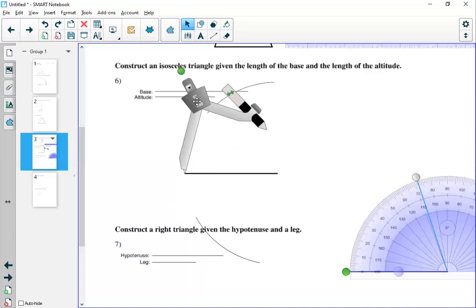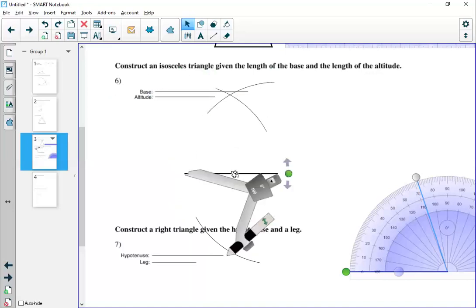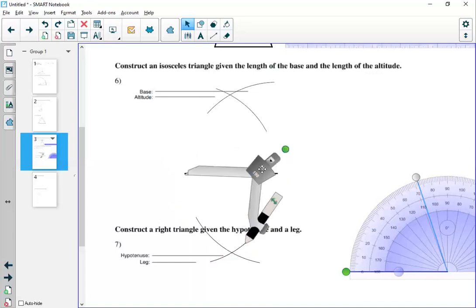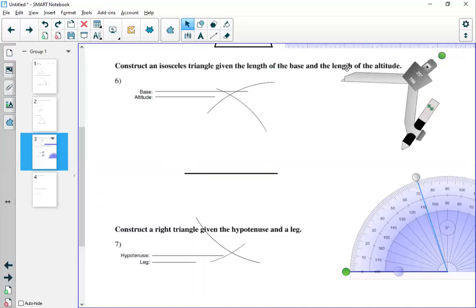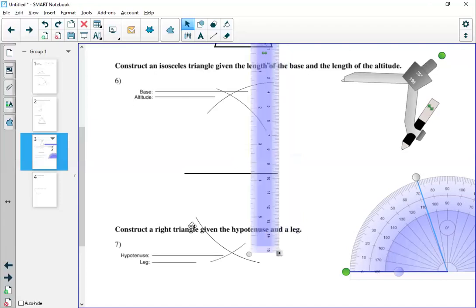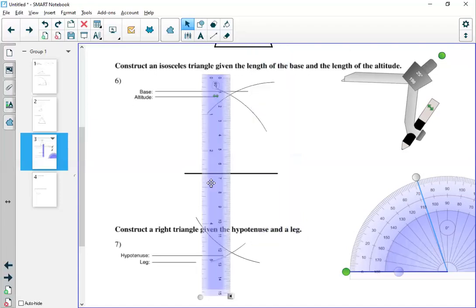I have to do it carefully. Draw another arc to intersect the initial one, up and down, like this. So that is good. Then with your ruler, draw a straight line to connect the points of intersection of those two arcs.